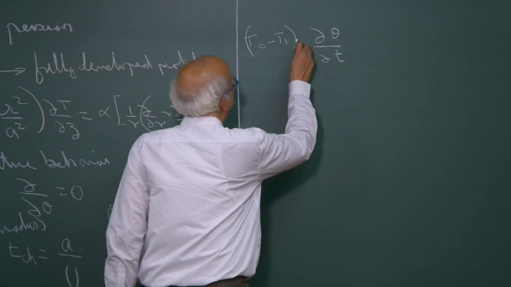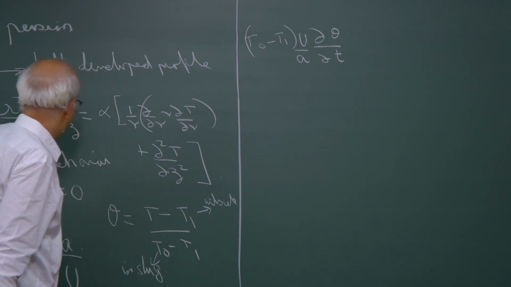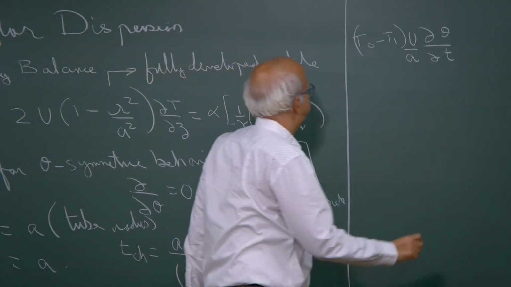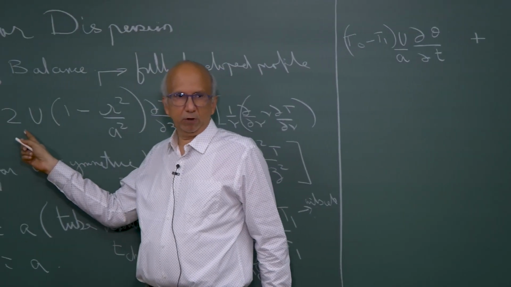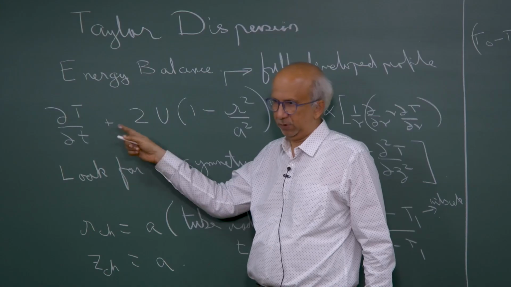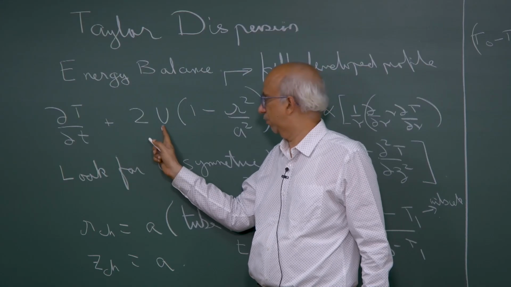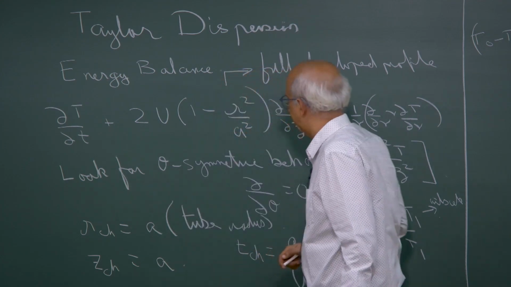So, I am going to get U by a, plus, and remember this is the average velocity, not the max velocity. Max velocity is 2 times the average; that is what I have written. This is the average velocity and 2u is the max velocity for a parabolic profile in a circle.